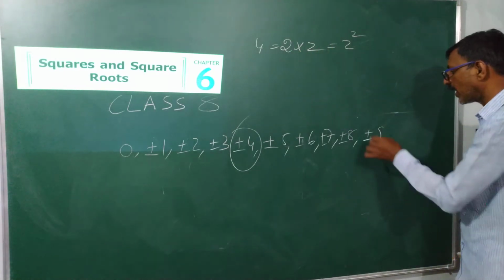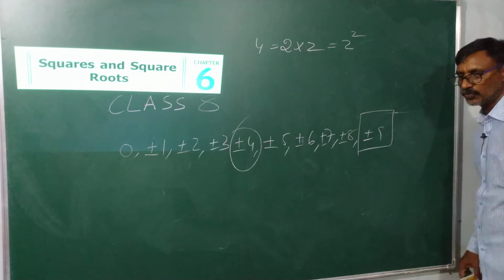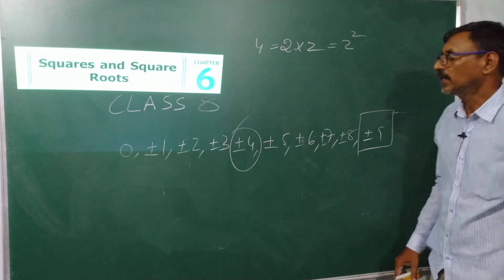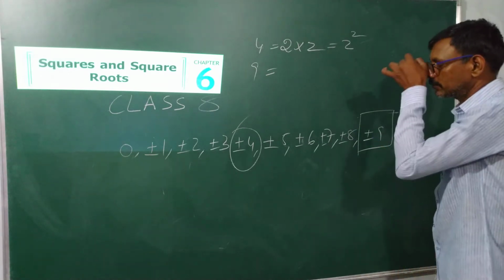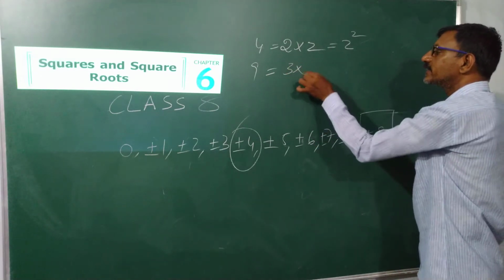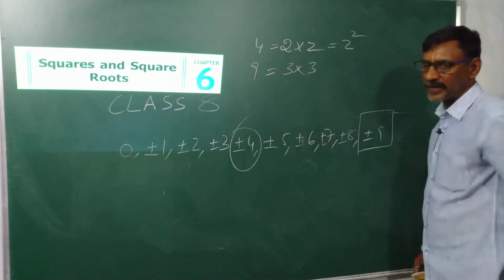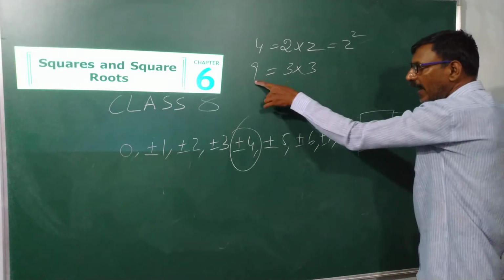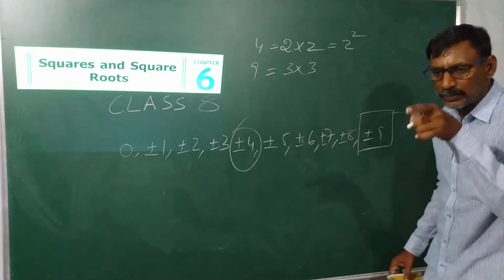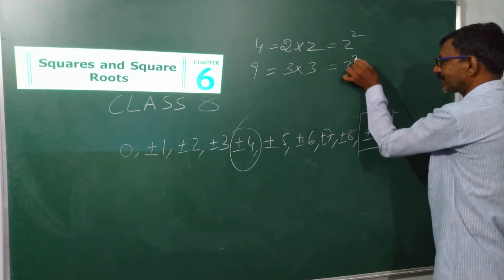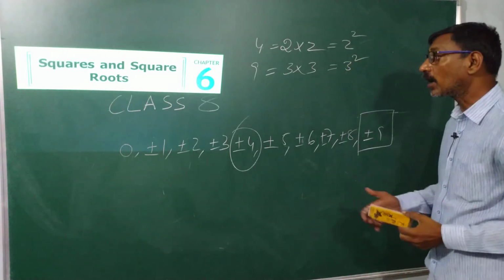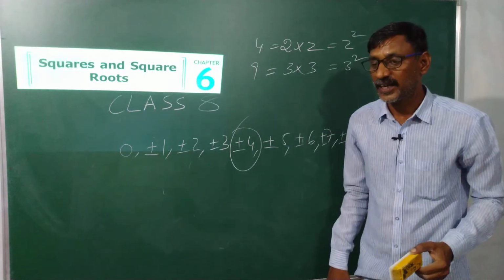Now coming to 9. This is one more special number. We can write 9 as 3 3s. These two are equal factors of 9. 9 is a product of 2 equal factors, that's the reason this is called 3 square, and also a square number.